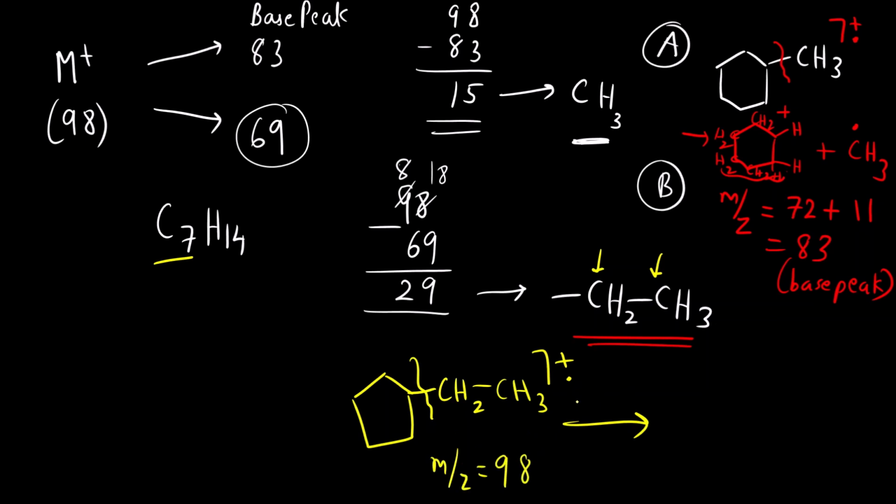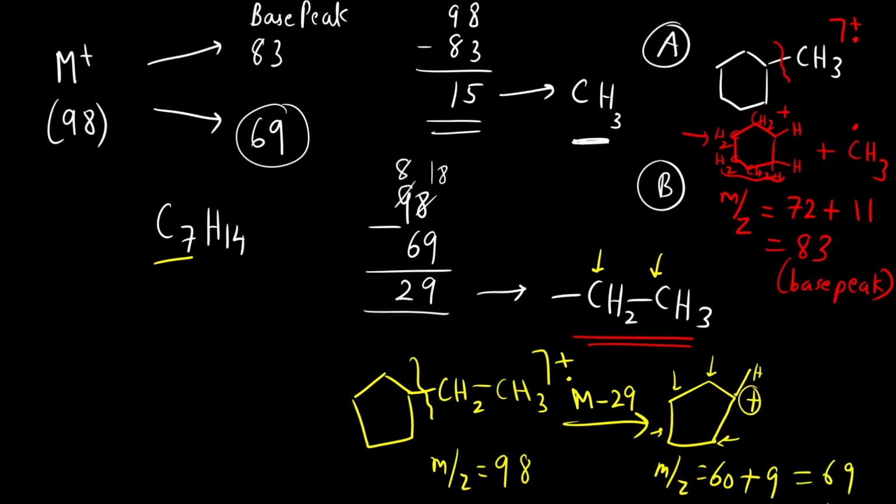Now you remove 29, M minus 29, and what we will get is this, with a positive charge here. How many carbons? 5, so 12 times 5 is 60. Plus 9 hydrogens. 60 plus 9 is 69.